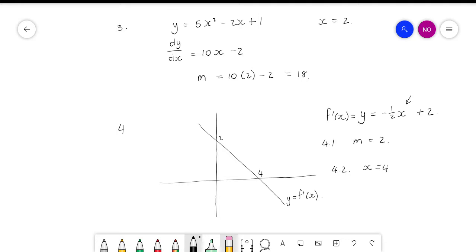Okay, dan vra hulle vir jou vir watter waardes van x neem f toe, so where is it an increasing function? So ek wil kyk waar is die grafiek positief, né? Where is this graph a positive graph? In other words, above the x-axis. Smaller than 4. Okay.